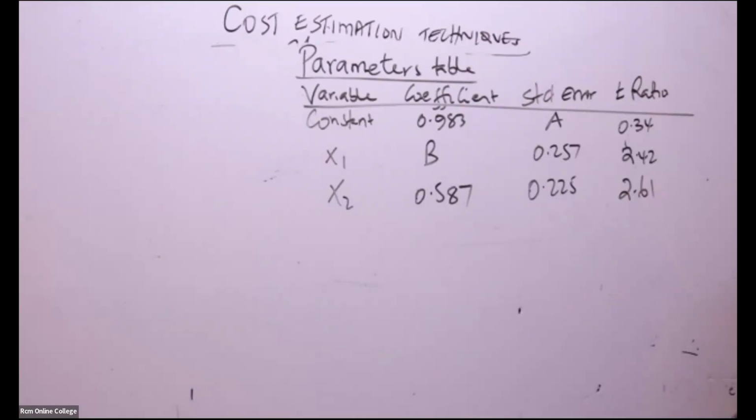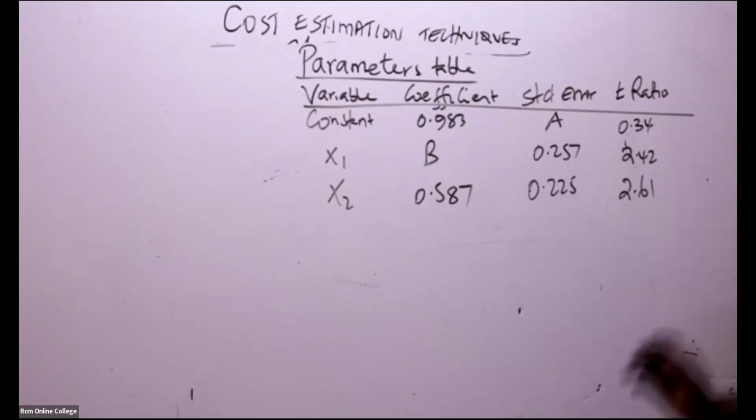So we have the parameter estimates, or the parameters table, the numbers table. We have the variable where we have constant, x1, x2, coefficient 0.983, B 0.587, standard error 0.257, 0.225. T ratios are also given there. For those of you who did the quantitative analysis just the other semester, you must remember how to do these questions.